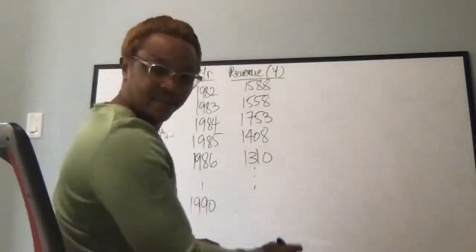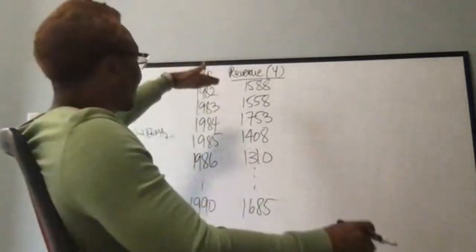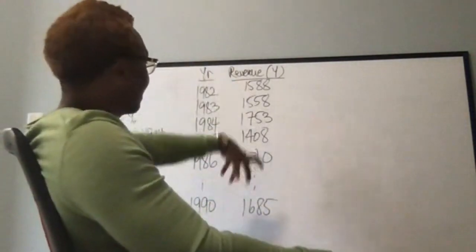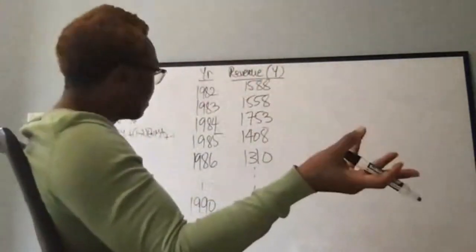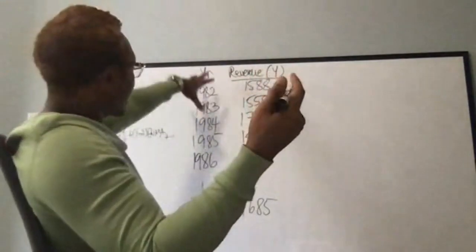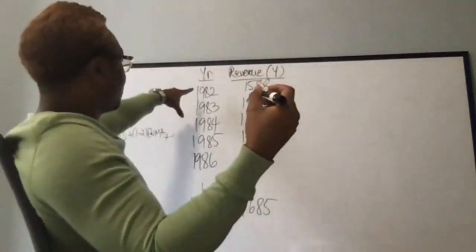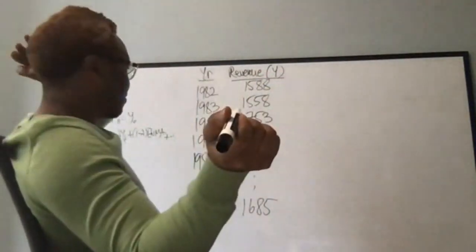Because I just don't have the board space, and then this skips to 1685. But once you see the pattern of it, you can fill in the rest if you want to. When we do it on Excel, of course, we'll do all the data. But I'm really limited in what I can put here. If you look at the folder from last week, all the data is there on the handout.